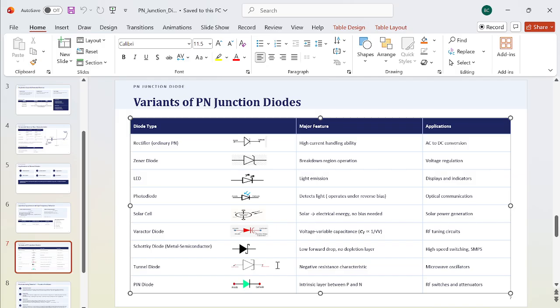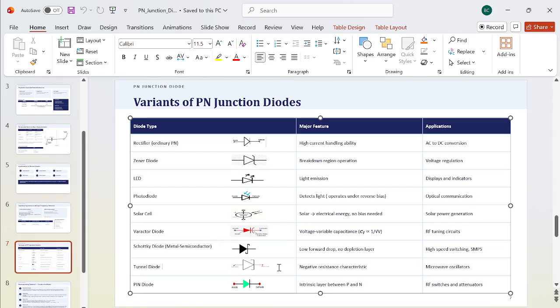Again, germanium and silicon are not suitable materials for the construction of the tunnel diode. Gallium arsenide or some other materials are preferred over germanium, etc., although silicon is sometimes used, for the construction of the tunnel diode.